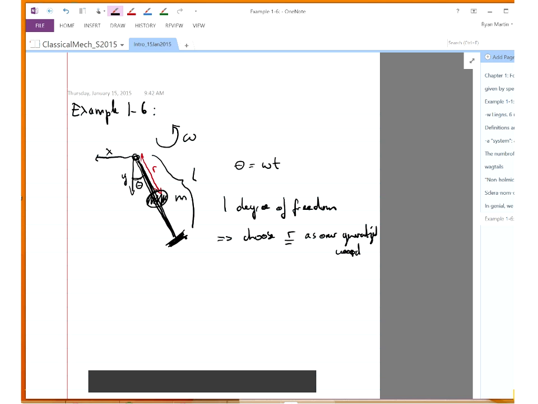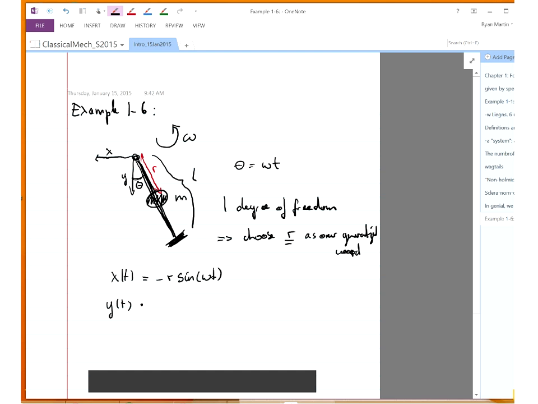Okay, so let's write out the transformation equation. Remember, our starting coordinates are x and y, so we want to know how x and y relate to r. So x is a function of t, and that's equal to, based on this diagram, minus r sine omega t.